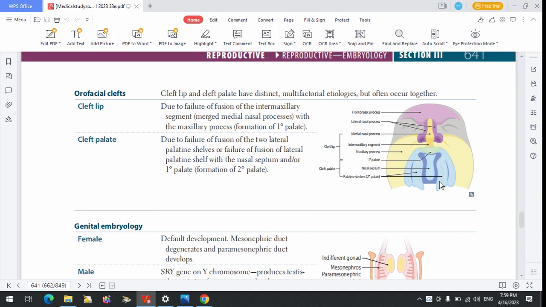That's one mechanism. Or this palatine shelf fails to fuse with the nasal septum that is in between them, they can develop cleft palate. Or they fail to fuse with the primary palate that is formed from joining of the intermaxillary segment with the maxillary process.